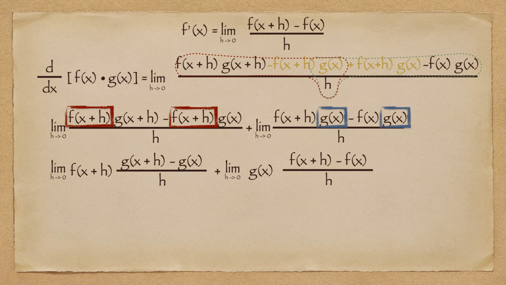Let's use some more limit properties. If we multiply two things inside a limit together, we can separate those two into separate limits. So you'll see what I mean when I do this.